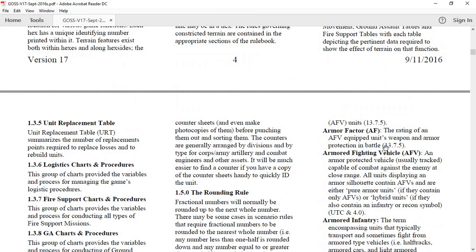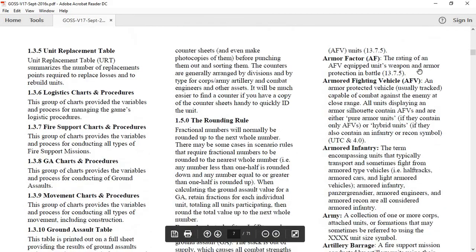AFV units. Armor factor, the rating of an AFV equipped unit's weapon and armor protection in battle. Armored fighting vehicle, AFV. An armor-protected vehicle usually tracked, capable of combat against the enemy at close range. All units depicting an armor silhouette contain AFVs and are either pure armor units, if they contain only AFVs, or hybrid units, if they also contain an infantry or recon symbol.